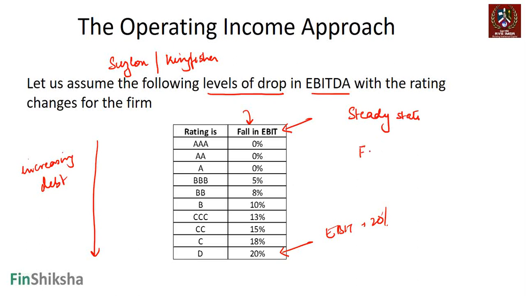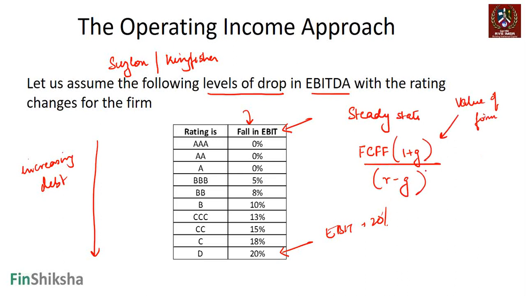But in steady state, the firm's value will be free cash flow to firm into 1 plus the growth rate divided by R minus G. That's the total value of the firm, right? And free cash flow to firm, we will have to arrive at an assumption for that.